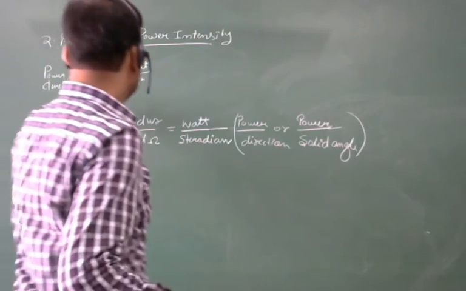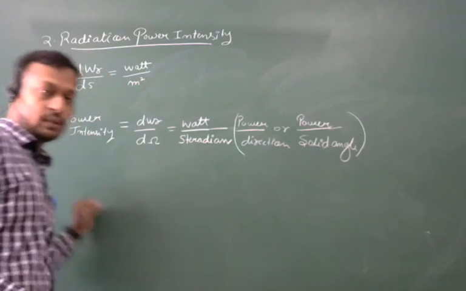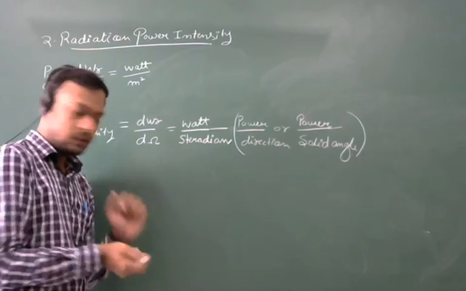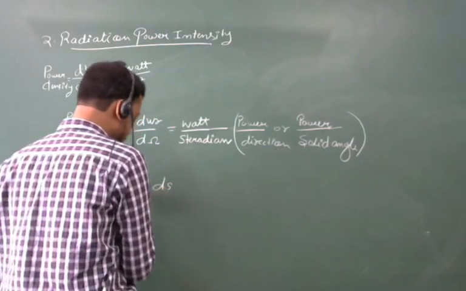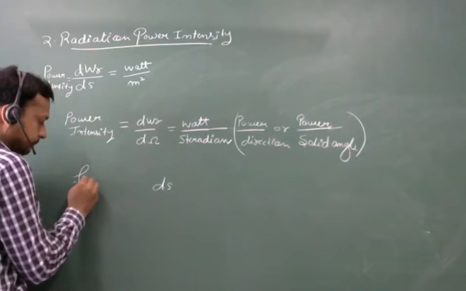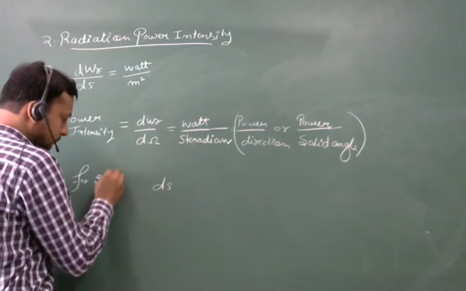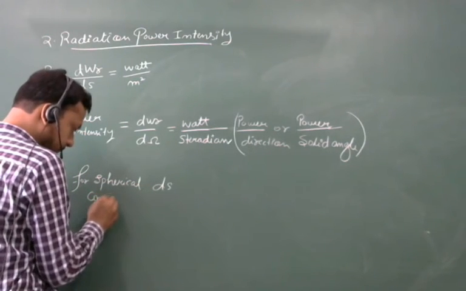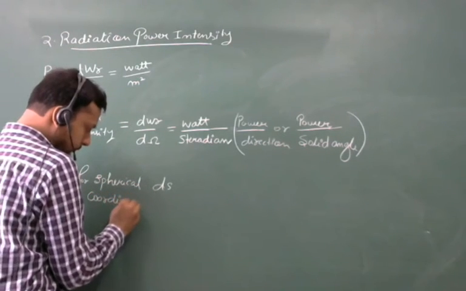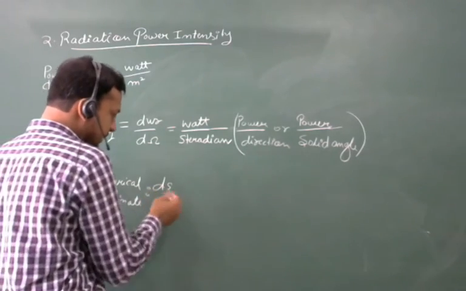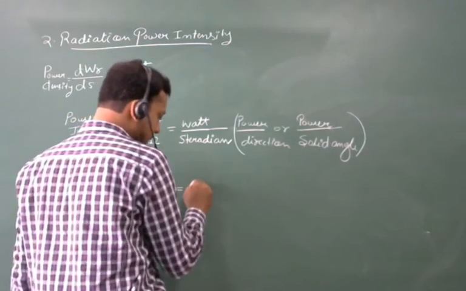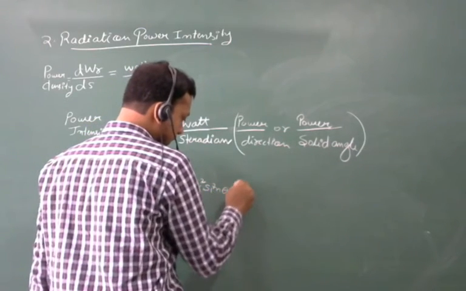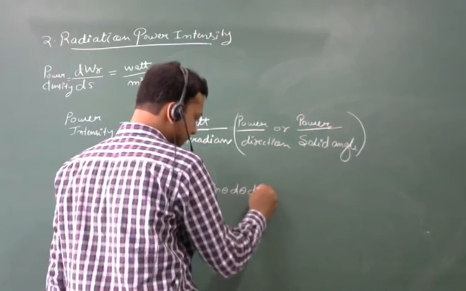Now, for isotropic radiators, or for a spherical coordinate shape, the surface area ds can be written as r squared sine theta d theta d phi.